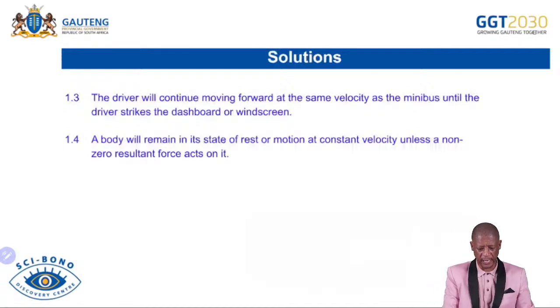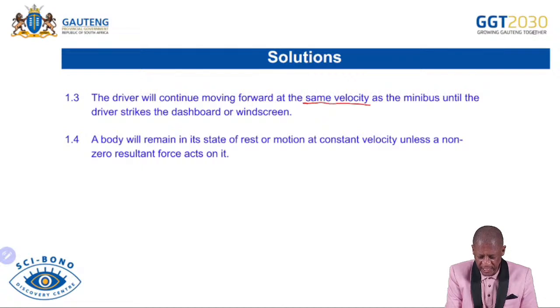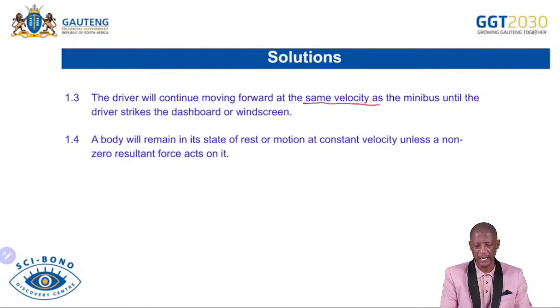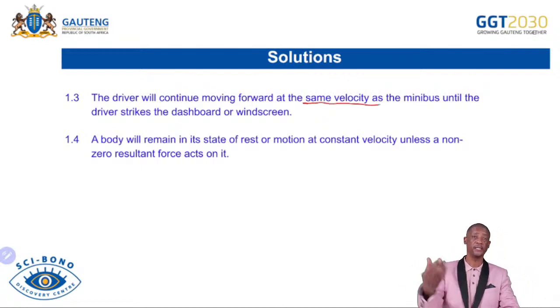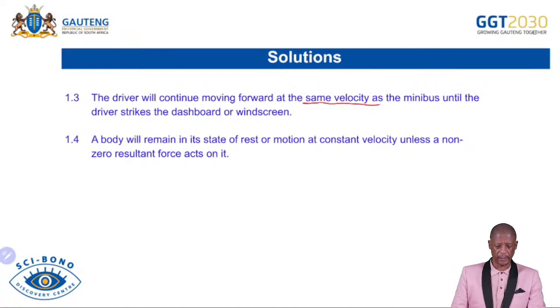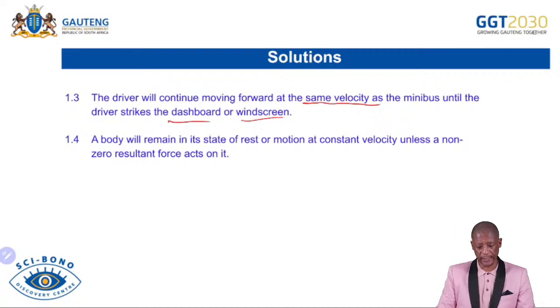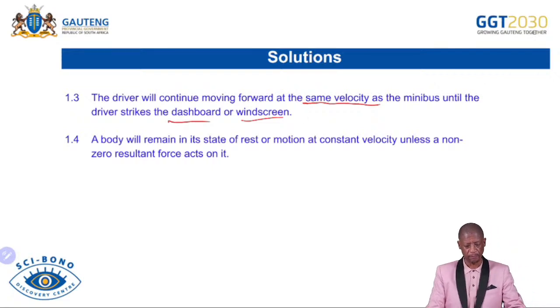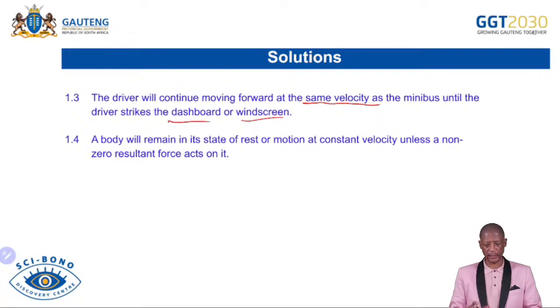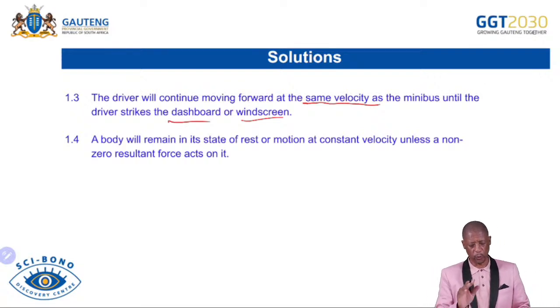So the driver will be traveling with the same velocity as the car, and then the driver will hit the dashboard or will hit the windscreen if you are not wearing the seatbelt. So it's very important. Remember, we spoke about it, that you need to wear the seatbelt because it prevents injuries. So you need to wear the seatbelt.